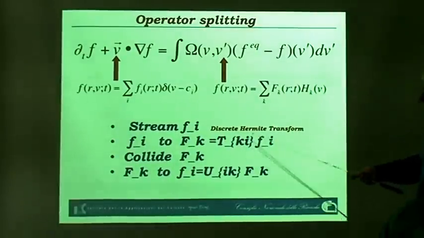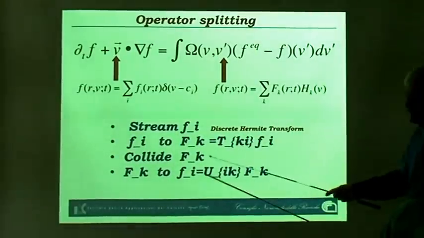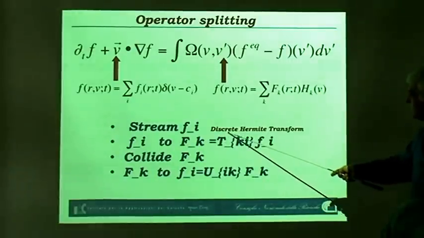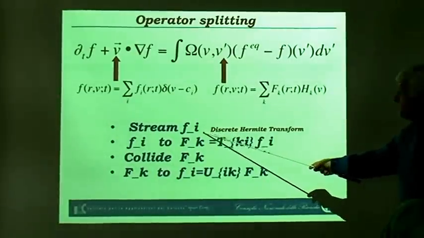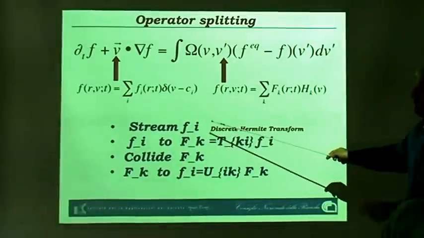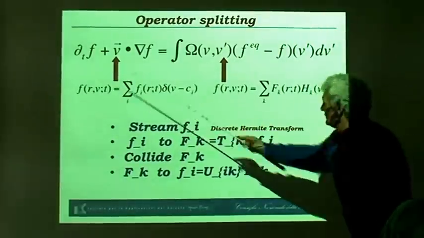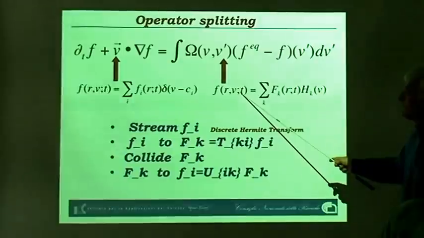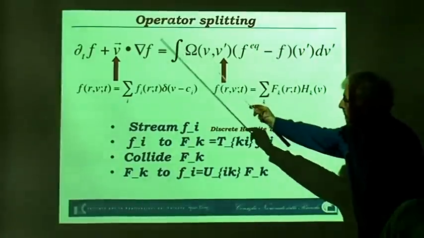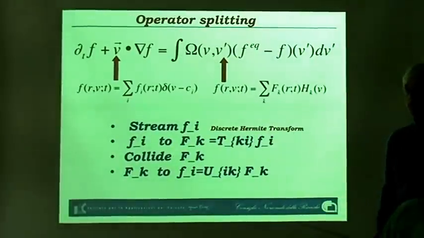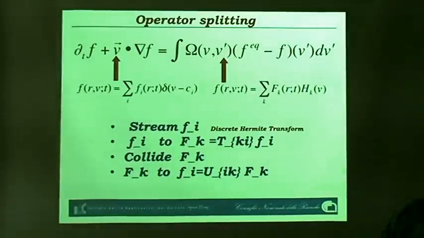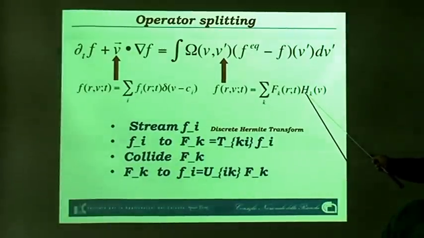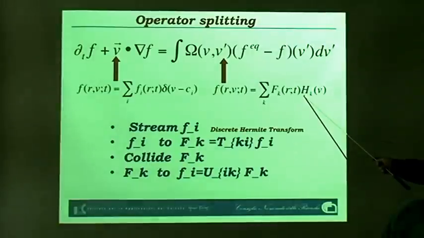So there is a smart piece of work, mainly by people again in France, Dominique d'Humières, and in Germany. They optimized, that's really what they did, the transformation matrix between this representation and this representation, so that in the code, both streaming and collision are done with diagonal matrices. So you understand that it is more cumbersome than just being plain BGK.